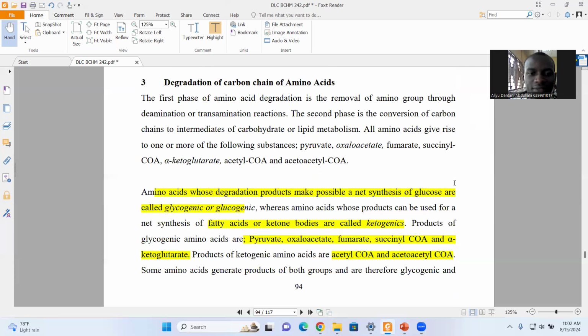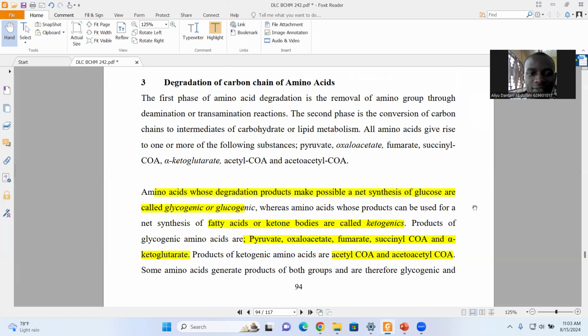See if you remember again, some of these amino acids can be used as precursors for synthesis of sugar. I can dive into the TCA cycle. It means some of these amino acids can be glucogenic, used to synthesize glucose, or ketogenic, used to synthesize fatty acids or ketone bodies.